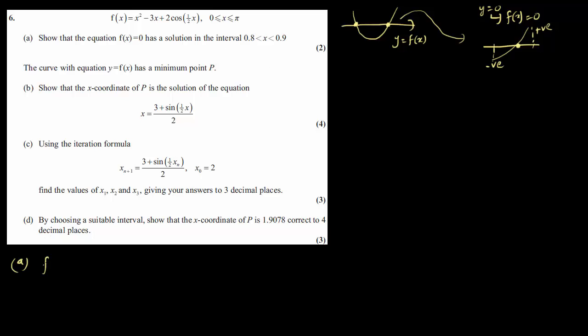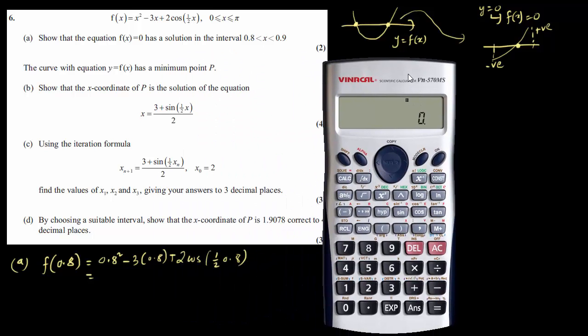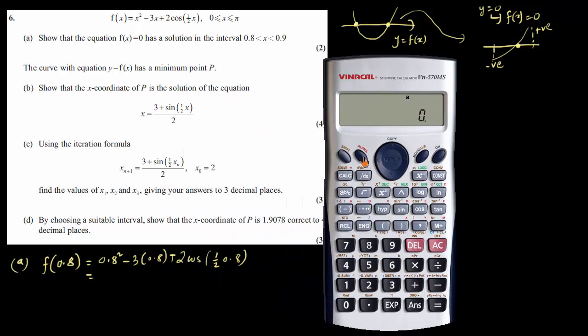We find the value of f(0.8), which is 0.8 squared minus 3 into 0.8 plus 2 cos of 0.8 into half. So let's calculate this. Remember to take the calculator in the radian mode because x is in pi.